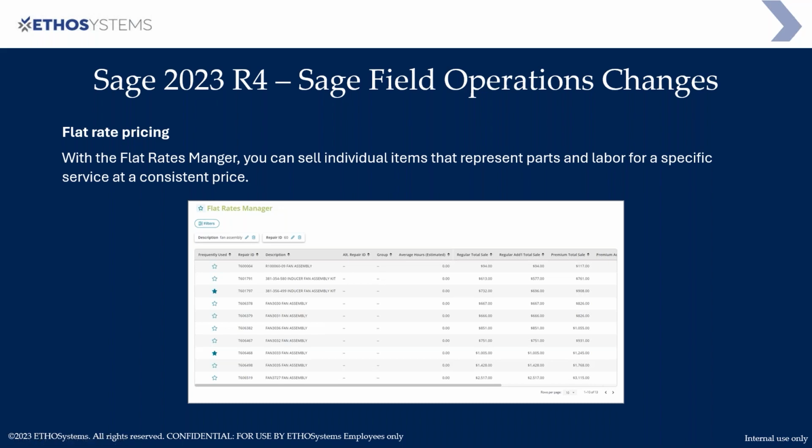In addition to that, Sage has also added a few additional features around the system. One of them that Sage has partnered with and released earlier this year is something called Sage Field Operations.